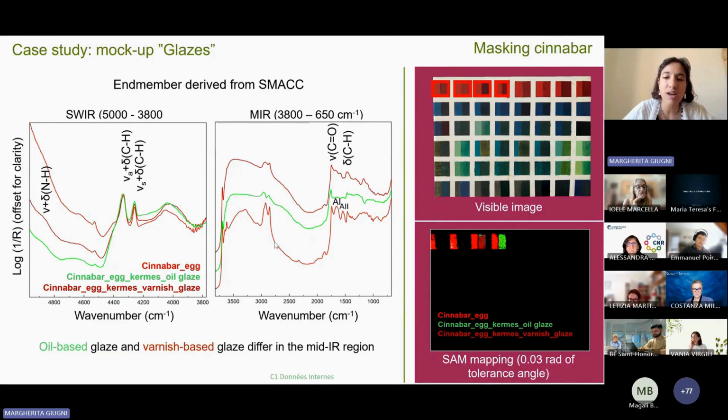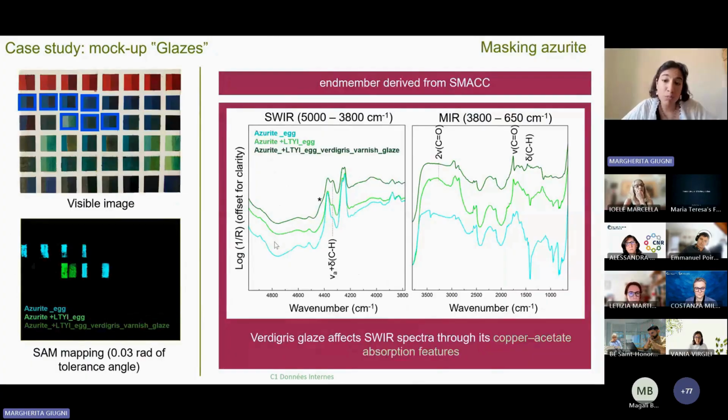The interesting aspect of this comparison appears in the Mid-IR region, where we can see a different behavior in hindering the contribution from egg features of the underlying paint, highlighting also the possibility to separate an oil-based glaze from a varnish-based glaze.